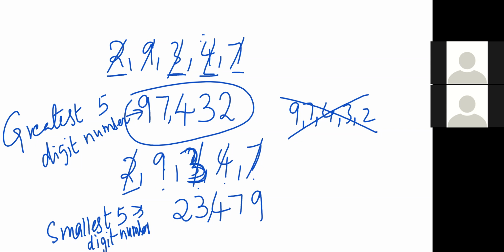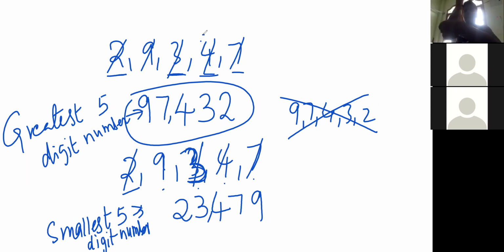While coming to the greatest 5-digit number, only this greatest number you can form by using those digits. No other greater number you could find.